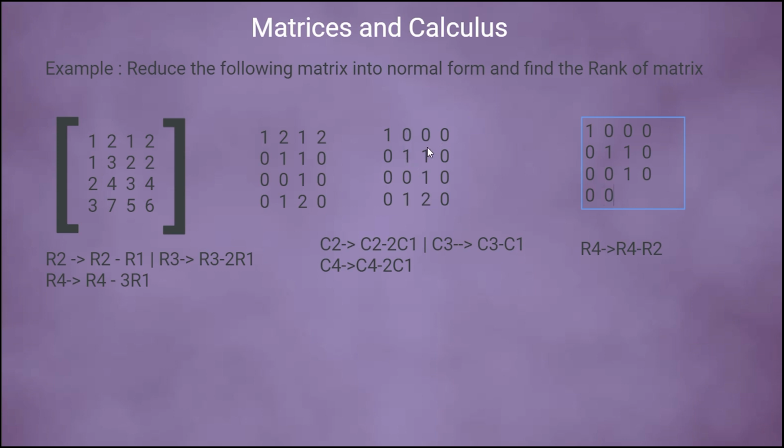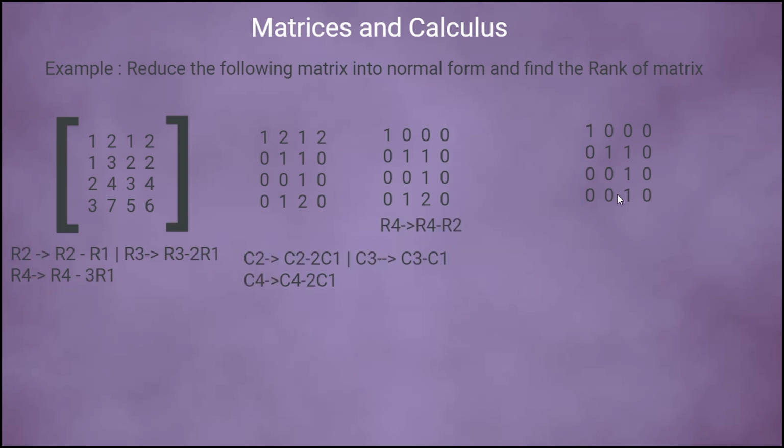Next 2 minus 1, 1, 0 minus 1... So now we can eliminate this one by performing R2 implies R2 minus R3. Means 1 minus 1, it becomes 0.